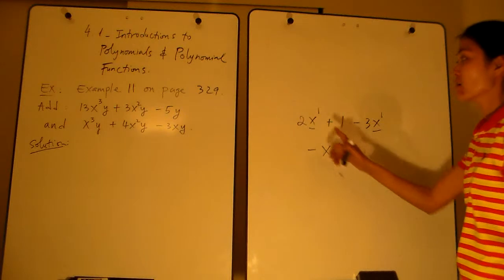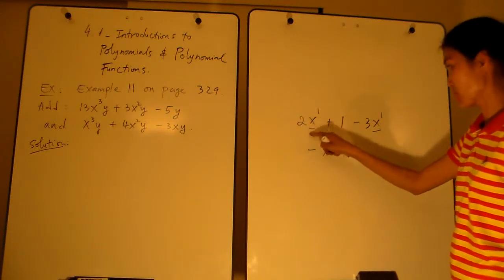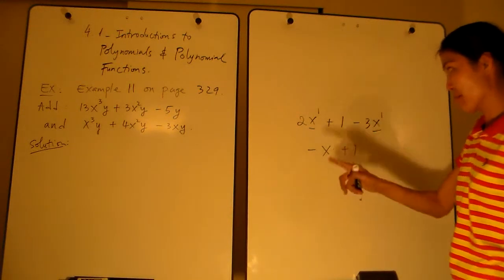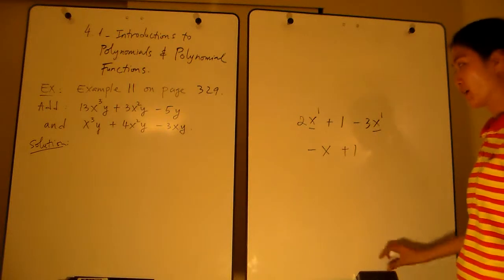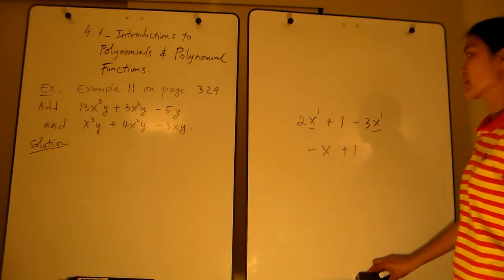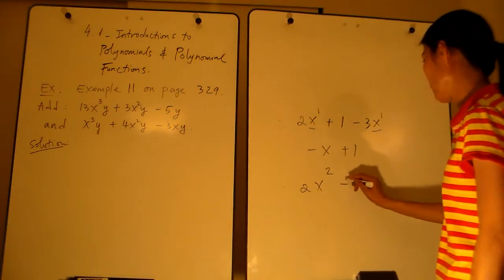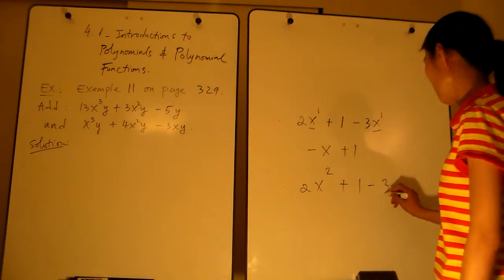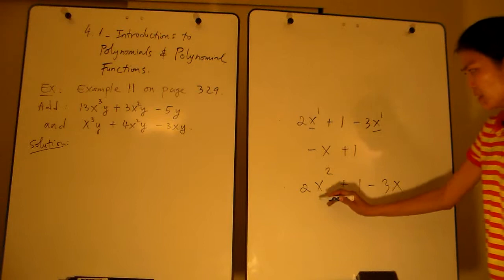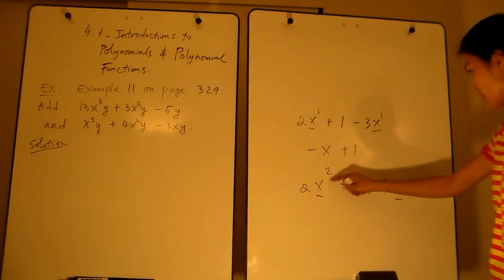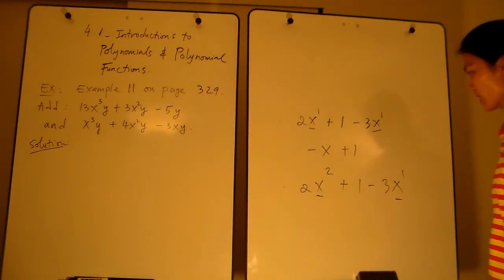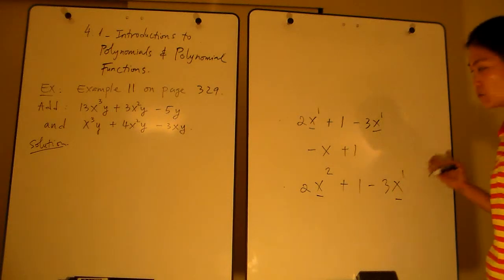Okay, if these two terms have the same variable with the same exponent, then we can combine. But in the case like last time I mentioned, like this, even though the variable is the same, but different exponents, right? You cannot combine. This is it. You cannot do anything else.